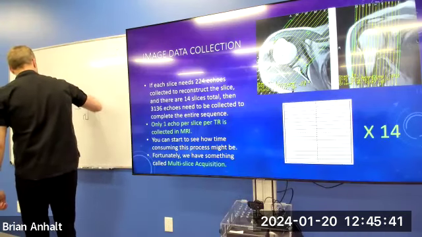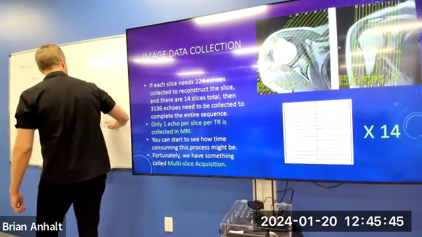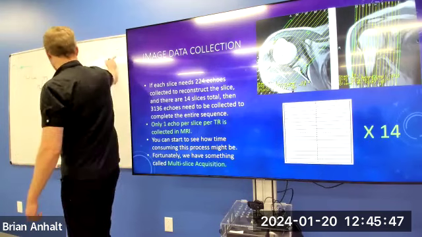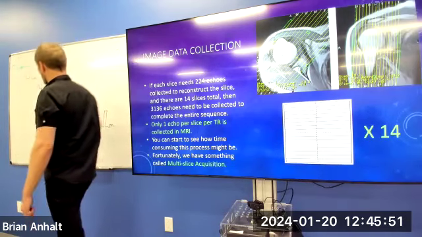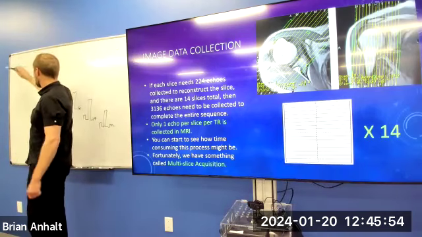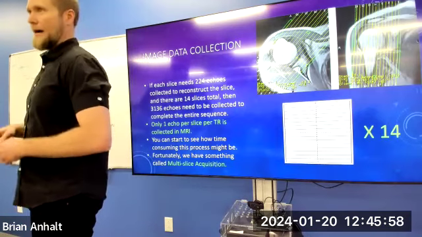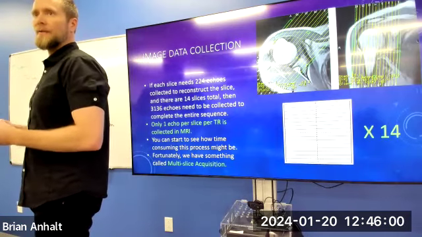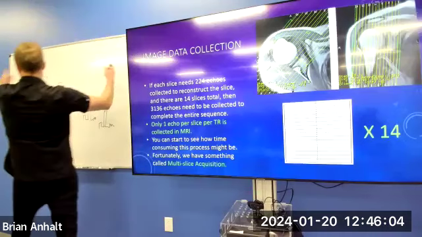Right? Because we have time. I've gotten here, I have to go back to slice one. So I ran out of room. Whatever TR this is, it allows me to collect data for 1, 2, 3, 4, 5, 6, 7 slices before we have to go back. So we're basically collecting one echo for 7 slices in whatever TR this is.